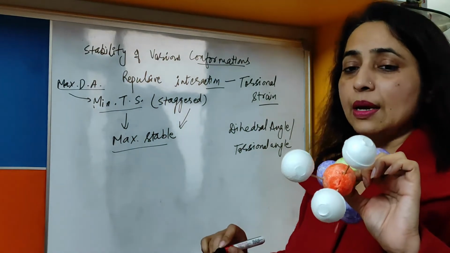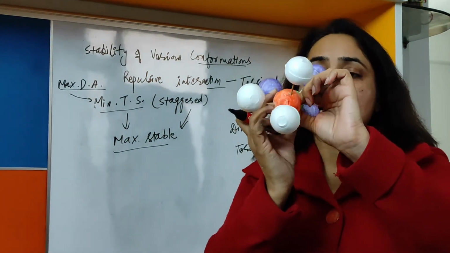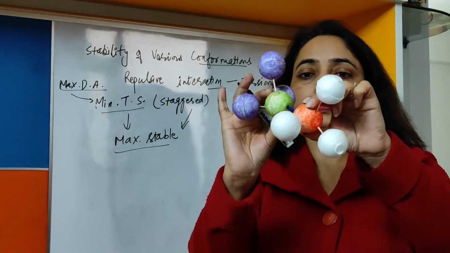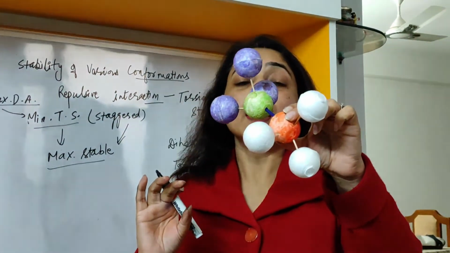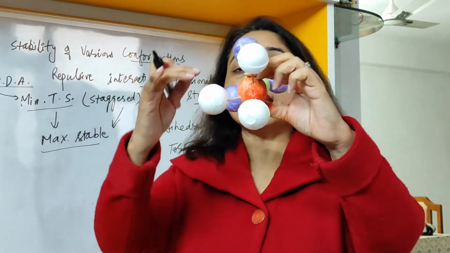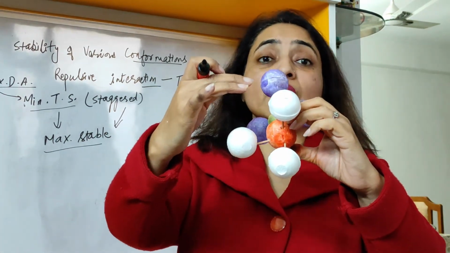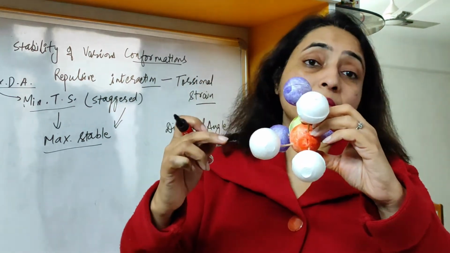Now what about eclipsed? In case of eclipsed, we know that these are in alignment, like this. Because they are in alignment, the electron clouds of carbon-hydrogen are very much close to each other. They are at minimum distance because of the minimum dihedral angle.